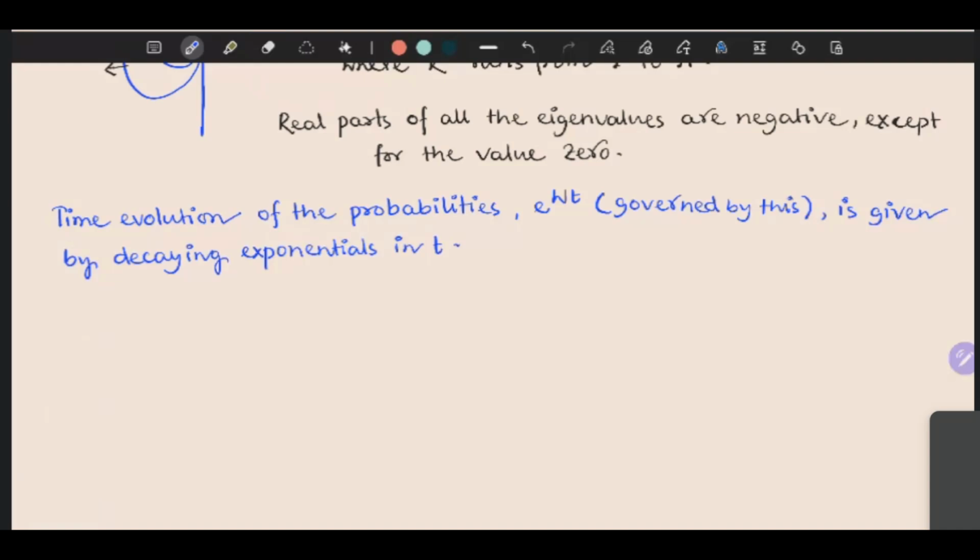So since it is exponentially decaying, that's why it is called relaxation matrix.